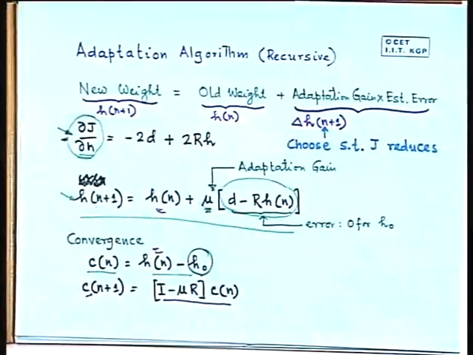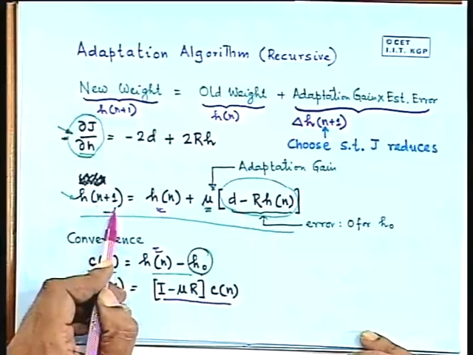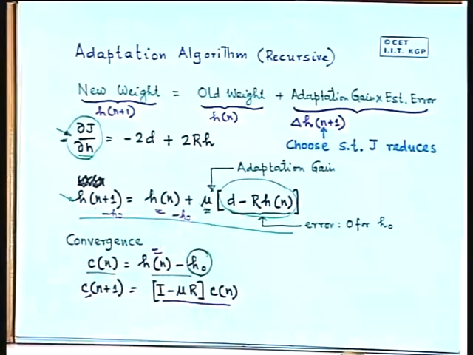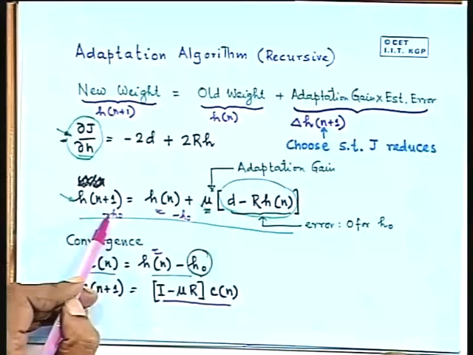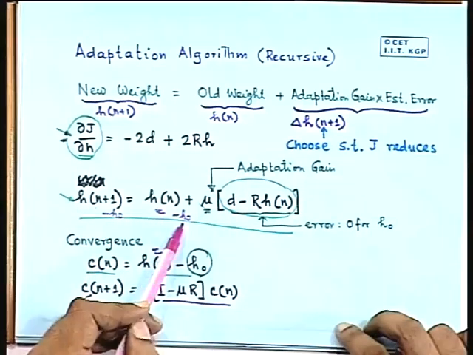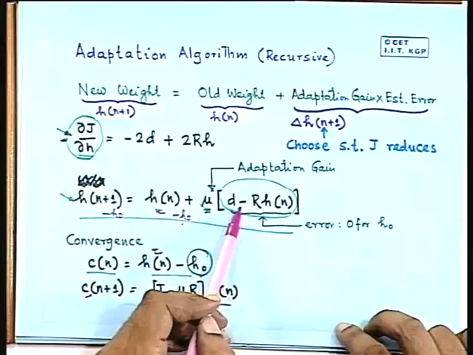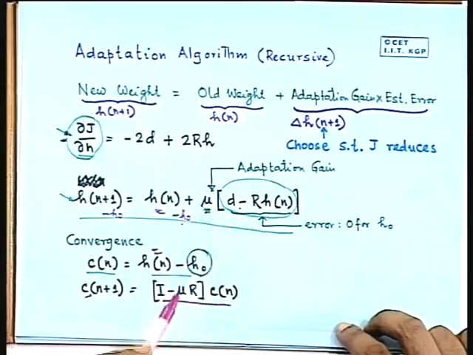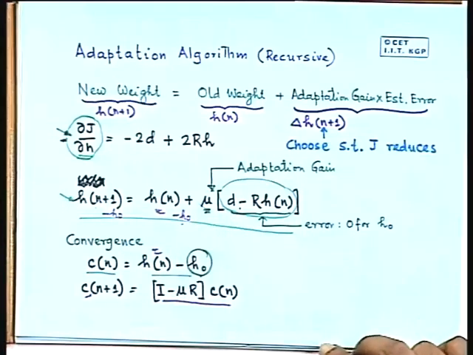Now you can easily find out that Cn plus 1 can be written like this. Why? You put minus H0 here, put minus H0 here. So this is Cn plus 1, this is Cn, and here this is okay. So then how do you get 1 minus mu R Cn?